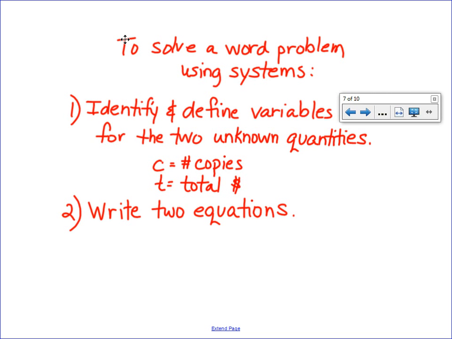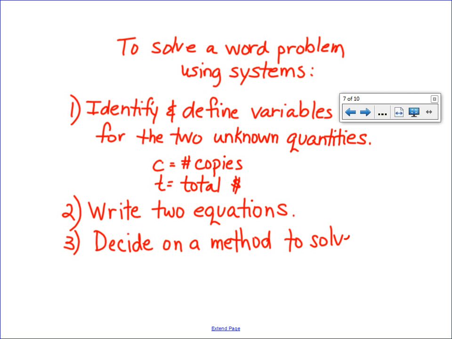And then, of course, once you write your two equations, you're going to be doing what we did in the first 3 lessons. Decide on a method to solve the problem.